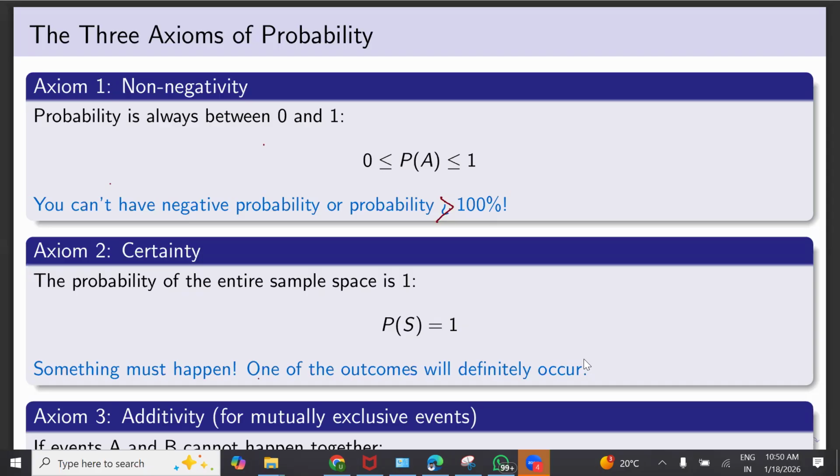Like for example, the events of head and tail are mutually exclusive. When you are tossing a coin, you will get either head or tail.